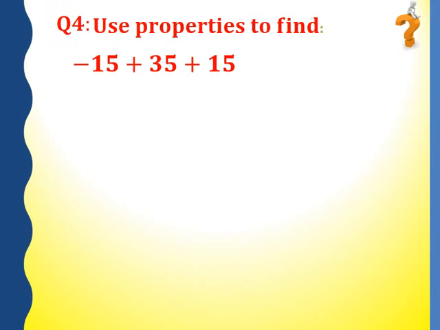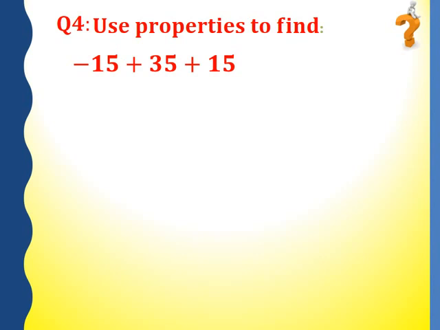For the next question, I need to use properties to find negative 15 plus 35 plus 15. First, I search for the additive inverse. Here, I found two integers representing additive inverses, which are negative 15 and 15.